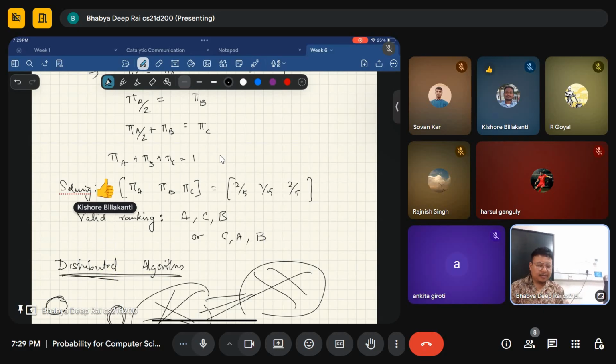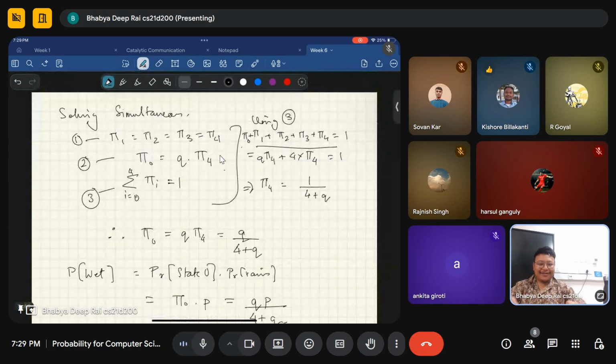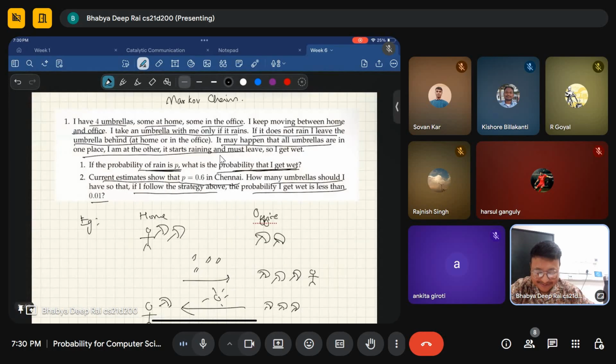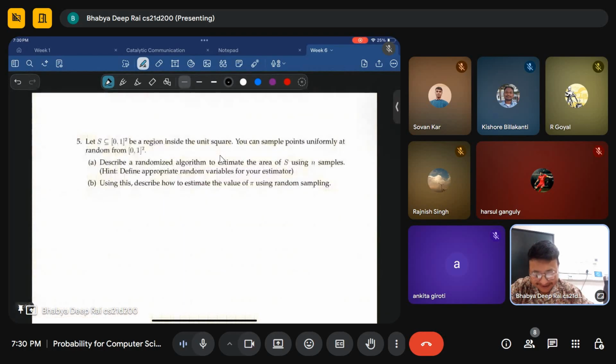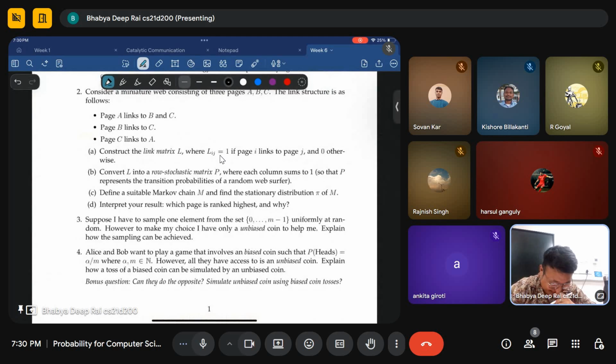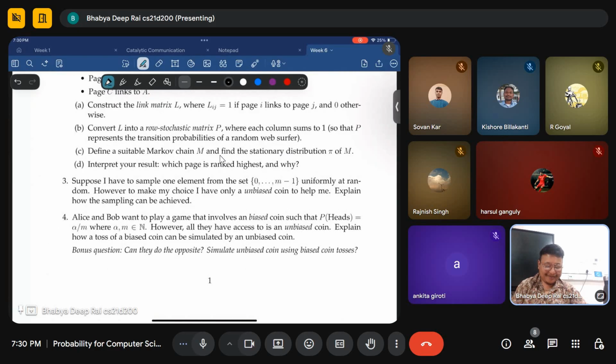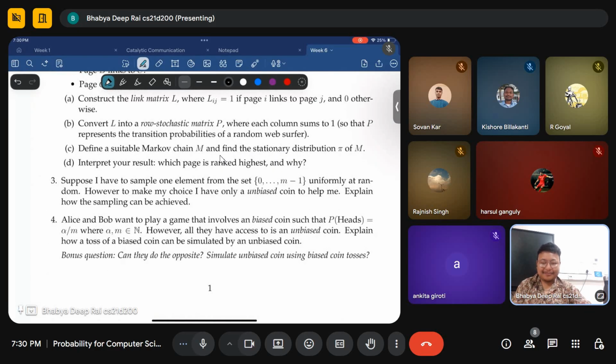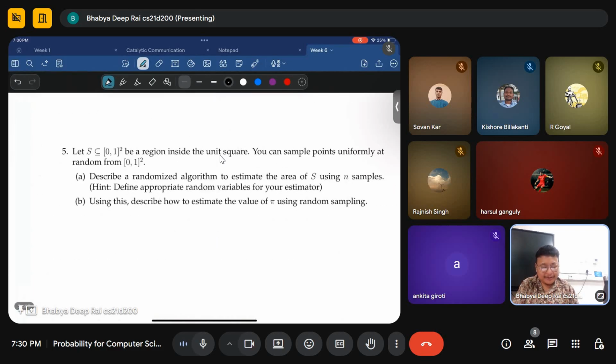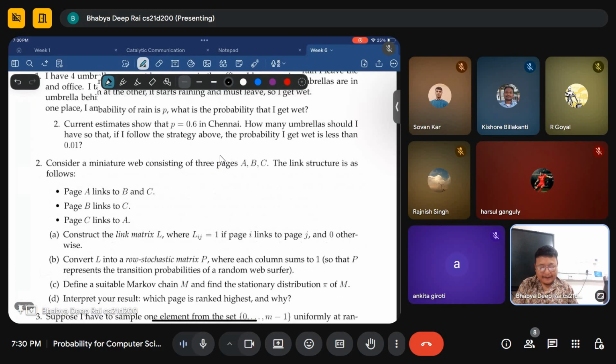Okay, good. That was a quick visit to page ranking. I think that was very simple considering the problem that we just solved in the beginning. Now there are some very interesting questions, but these are done in the lectures. These are to do with sampling. That is the next topic in this week.